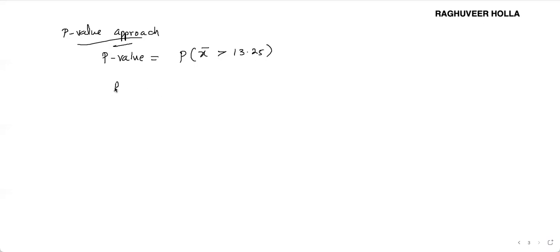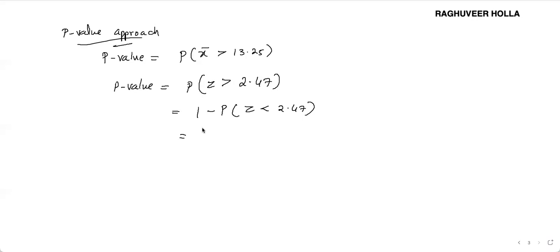So p-value is p of z greater than 2.47, which is equal to 1 minus p of z less than 2.47. Now under the normal distribution table, we find 0.9932, so which is 0.0068.